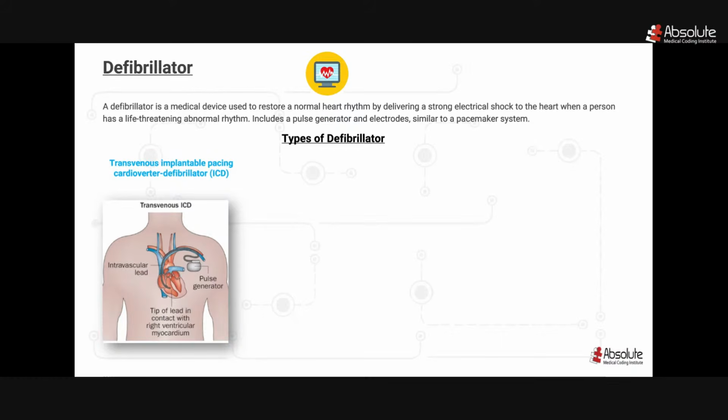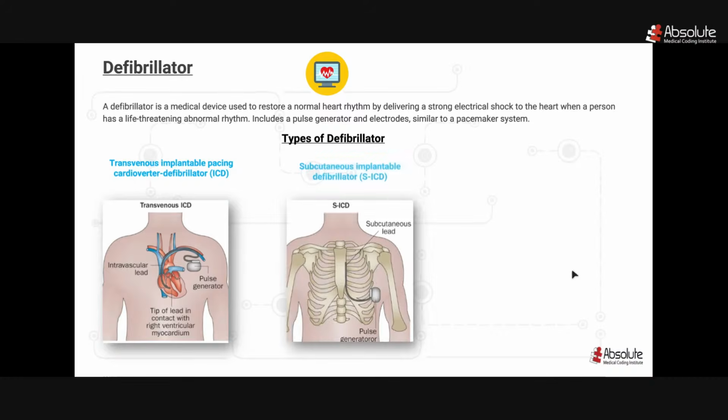From the name itself, it's clear that this is a transvenous implantable pacing cardioverter defibrillator. And here the lead goes inside the heart and is inserted through a vein. So this is the most traditional type, and the electrodes can be positioned in the atrium or in the ventricle or both depending upon the system.